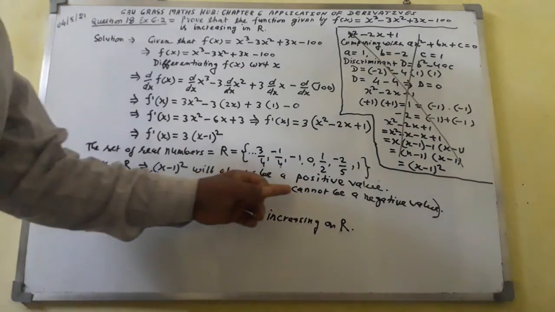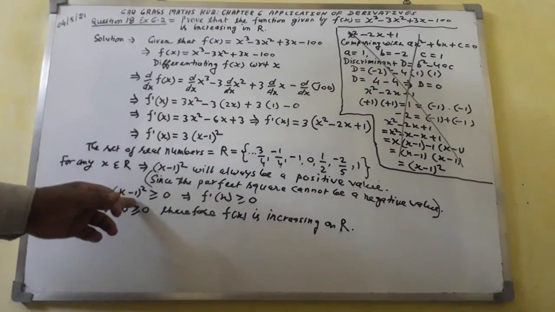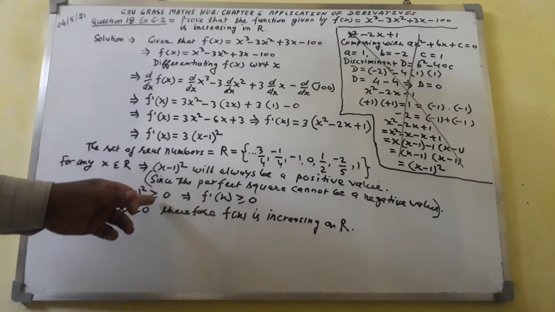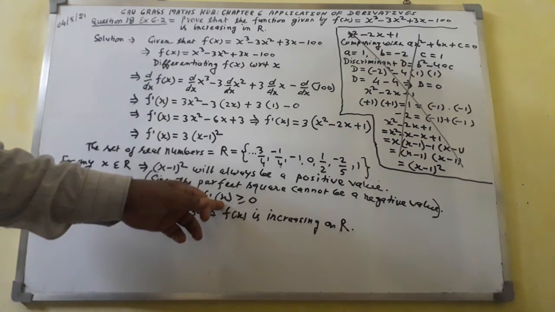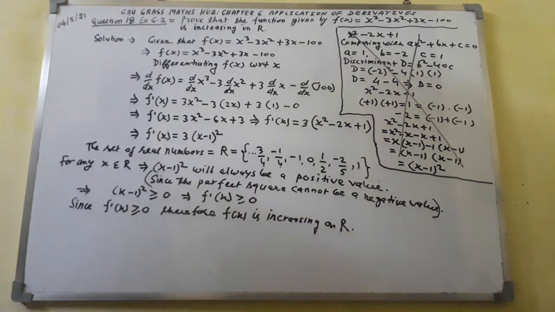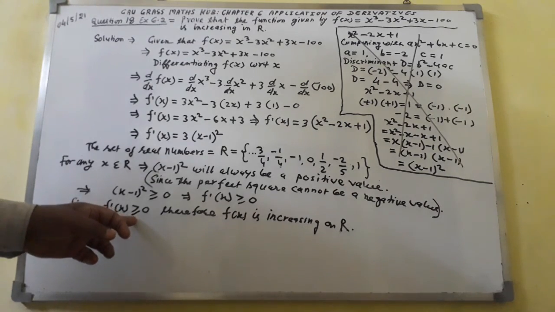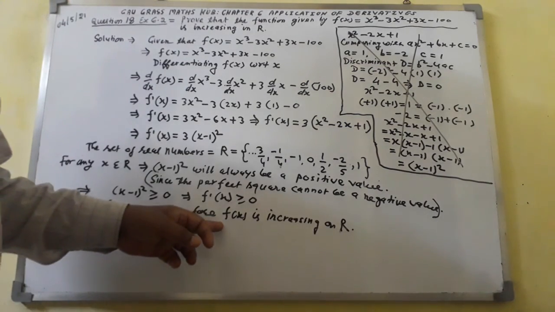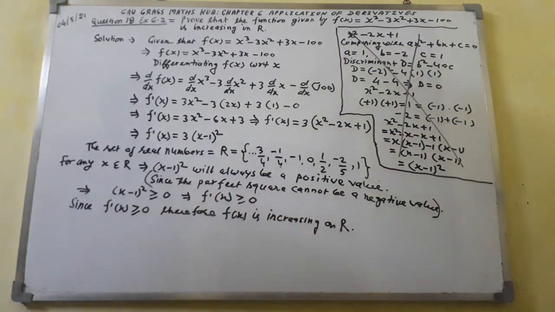Since the perfect square can't be a negative value, therefore x minus 1 whole square will be greater than or equal to 0, imply that f dash x will be greater than or equal to 0. Since f dash of x is greater than equal to 0, therefore f of x is increasing on the set of real numbers, capital R.